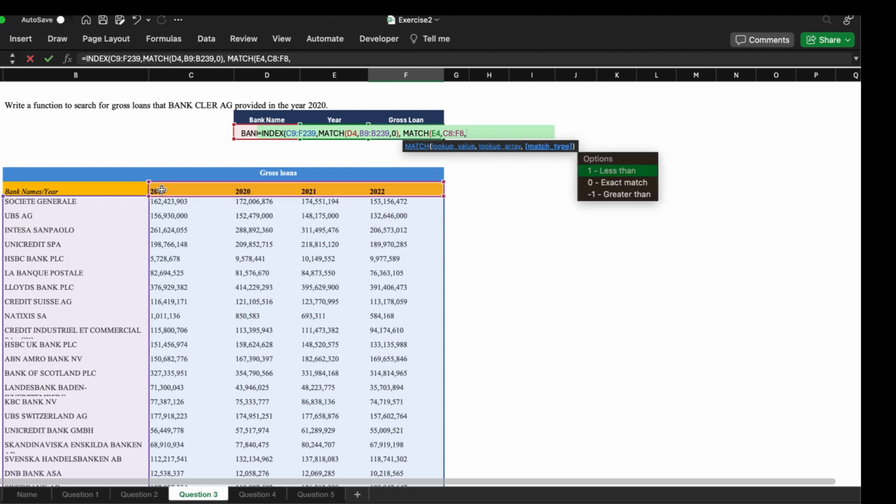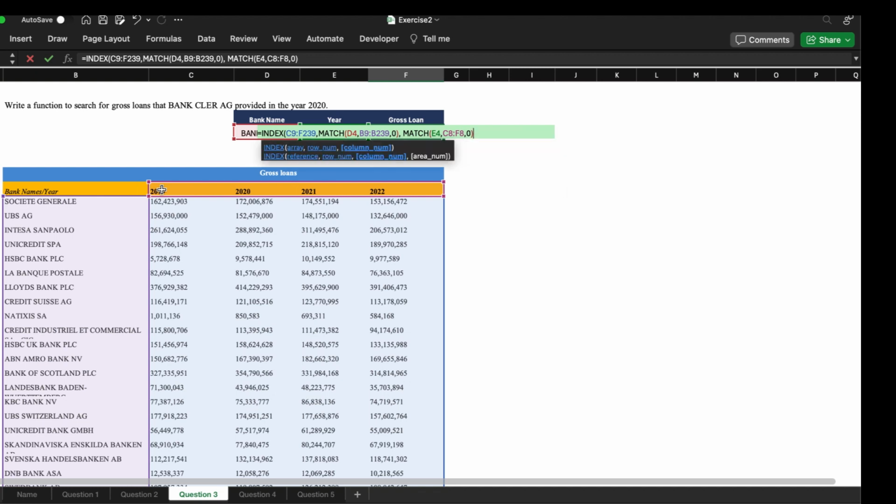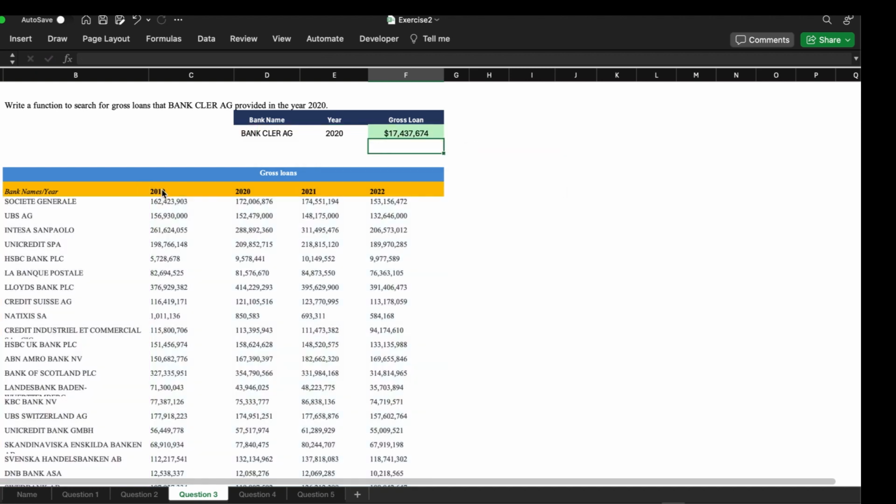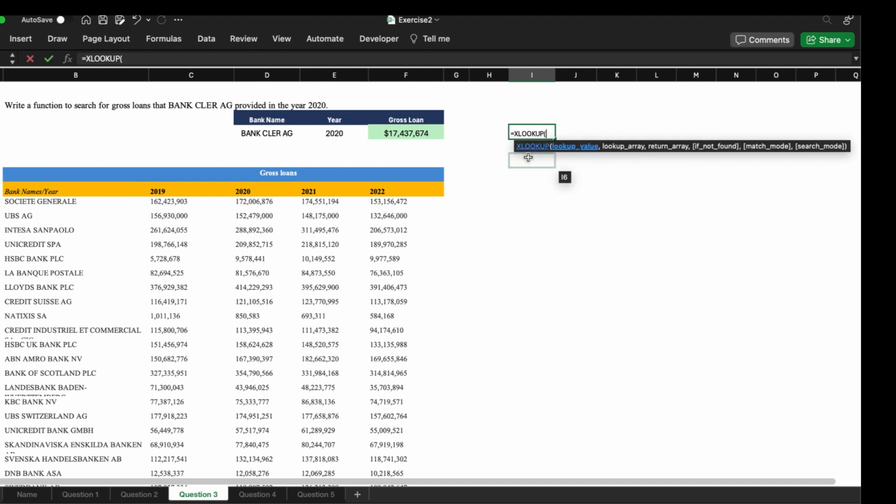So let's validate our result. Let's use another function. Let's try VLOOKUP and see if we can get the same. The lookup value is the name of the bank, and the table array is where the year that we are interested in is found.